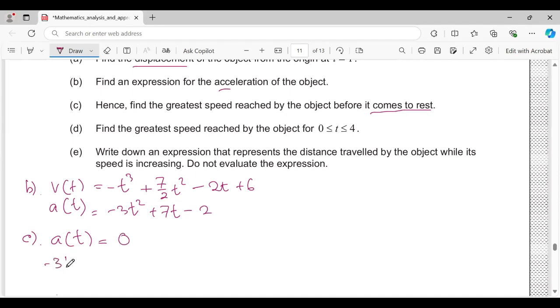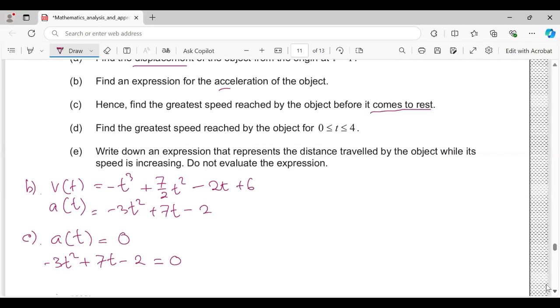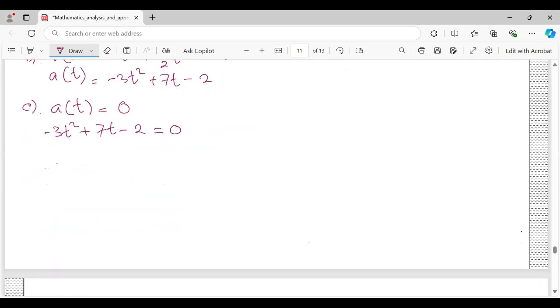So minus 3t squared plus 7t minus 2 equals 0. I'm going to find t1 and t2 according to this formula, b squared minus 4ac over 2a.